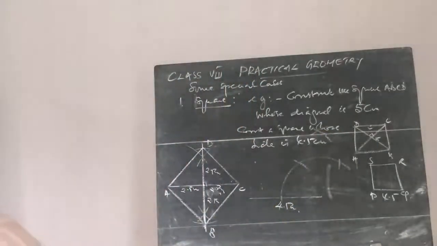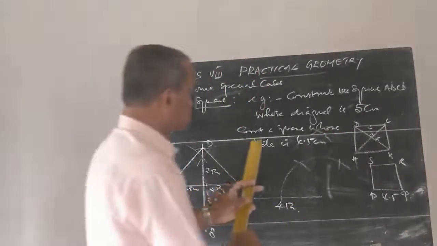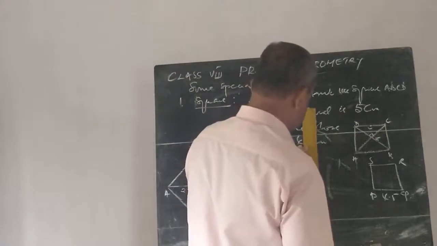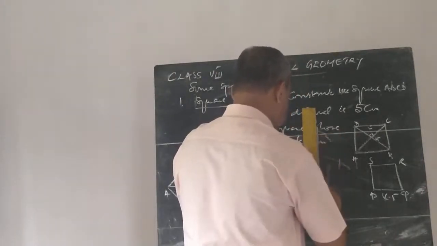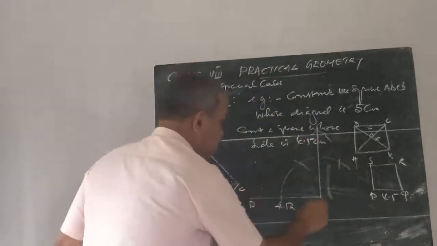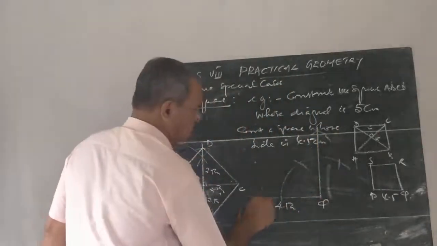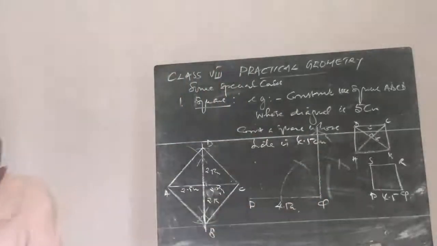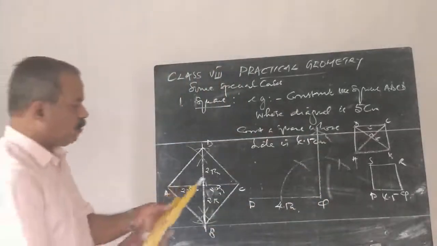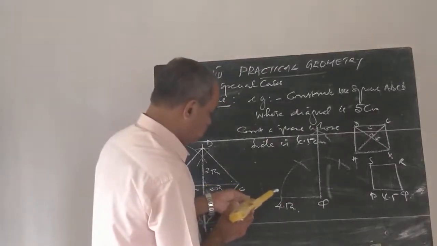This is the perpendicular at this point P, this point Q, this vertex Q. And now we require 4.5 on this. How will you measure 4.5? Same length PQ.